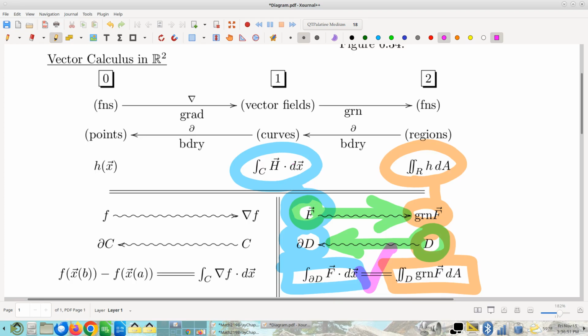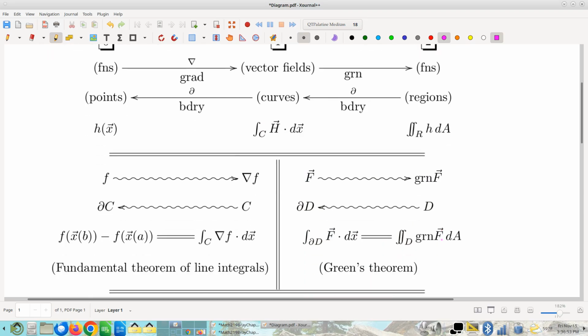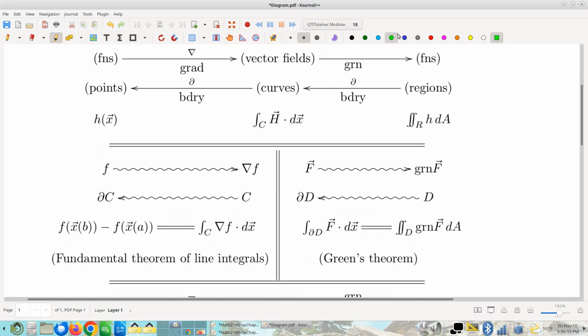Okay, so what? Who cares? Let me streamline that a little bit. You compute curl, you take a boundary, you compute like so on the left, like so on the right, you get the same thing on both sides.